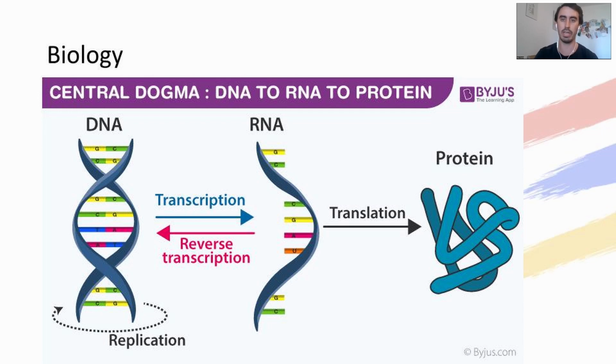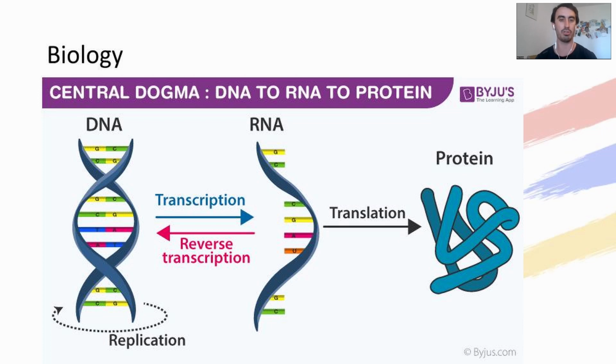So starting with the basics of biology, the simplest model we have is that DNA makes RNA, RNA makes proteins, and proteins do stuff. A bit more detail into that is that the biological information for an organism, and we're going to focus on humans today, the information for everything that makes us human is encoded into our DNA.